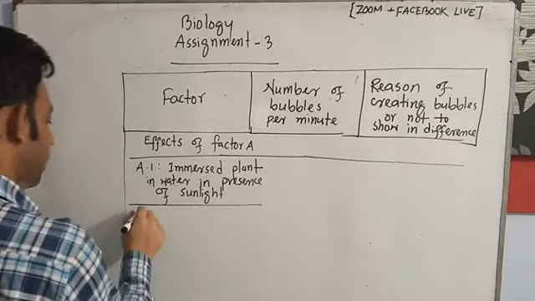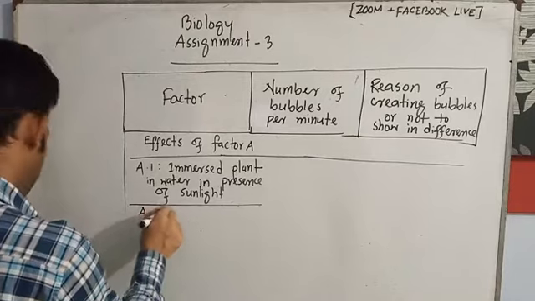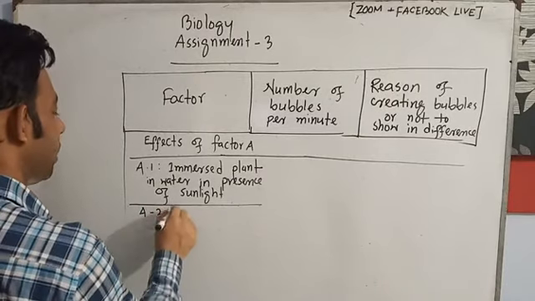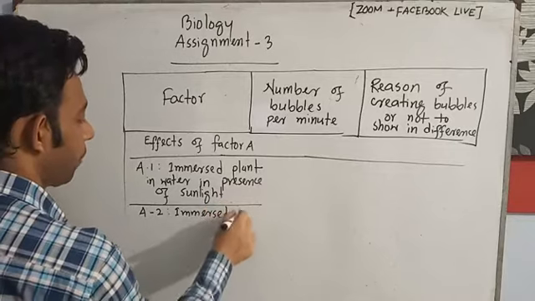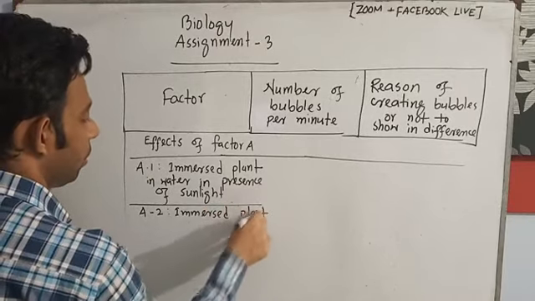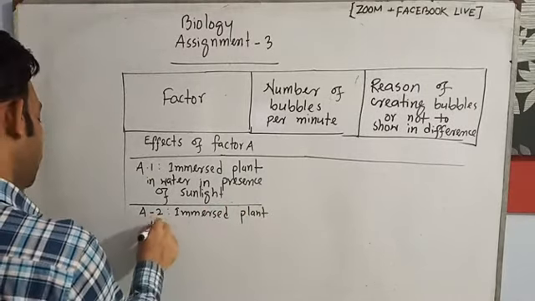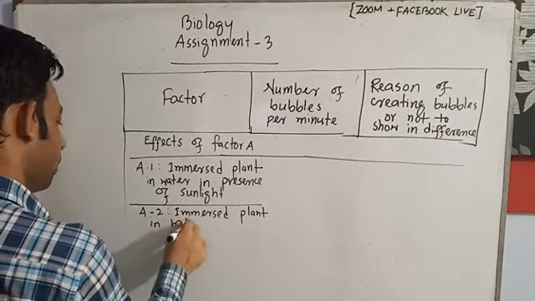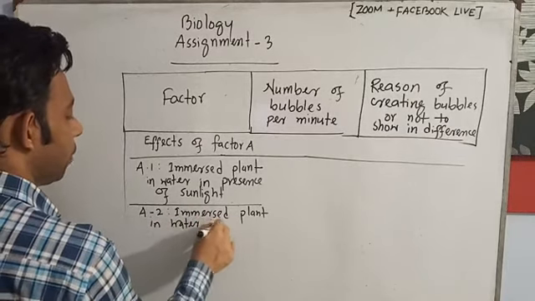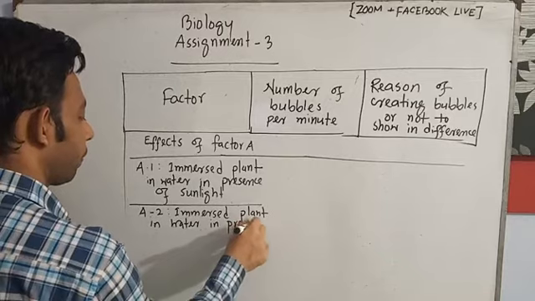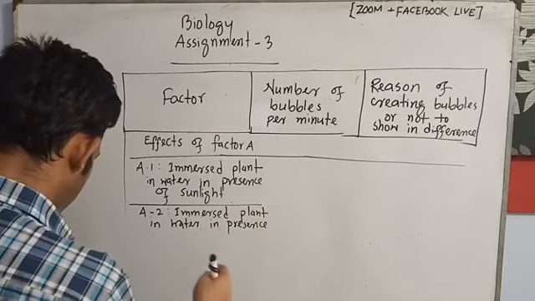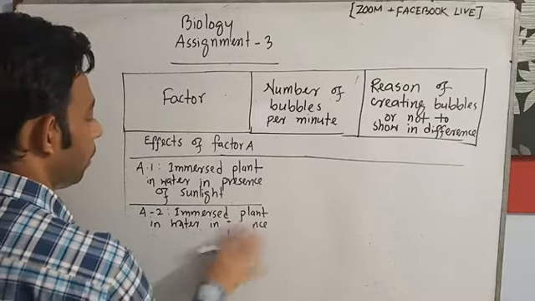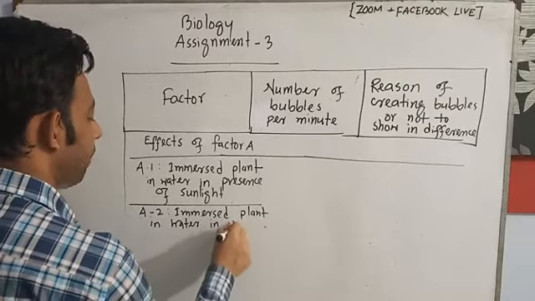Later the second one, A2, is told here: immersed plant in water in the shady place.